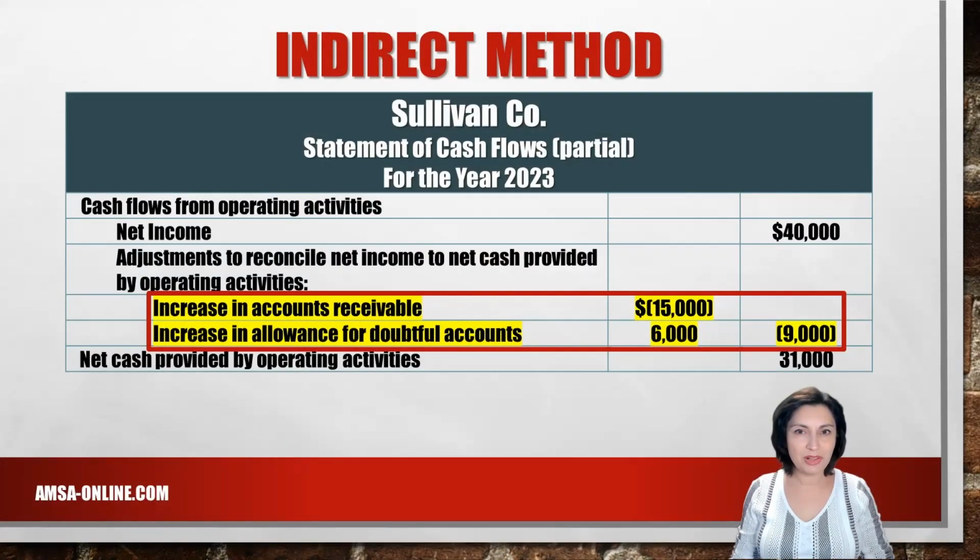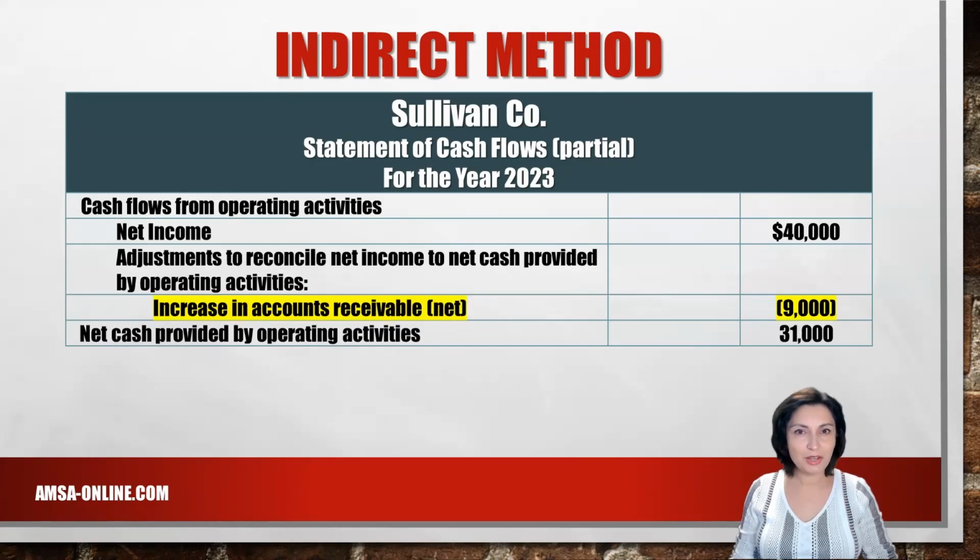In our example, an increase in allowance for doubtful accounts of $6,000 is netted with an increase in accounts receivable, which is a negative $15,000. This is how the statement of cash flows looks when presented under the alternative method. The increase in accounts receivable is presented net of the allowance for doubtful accounts and is a negative $9,000.